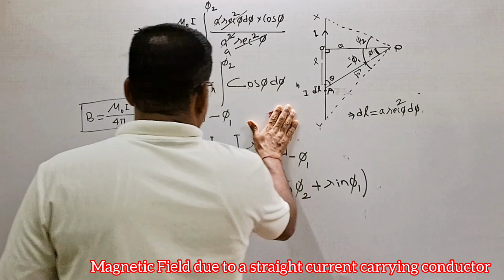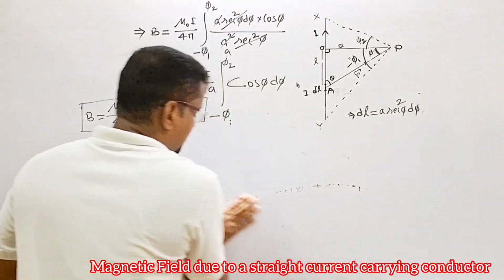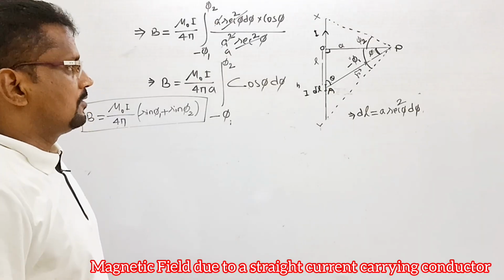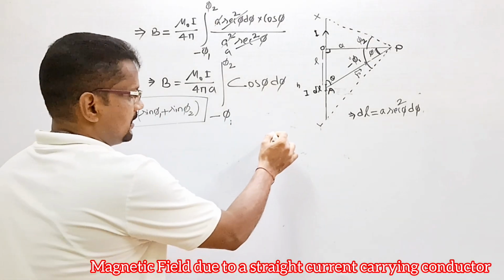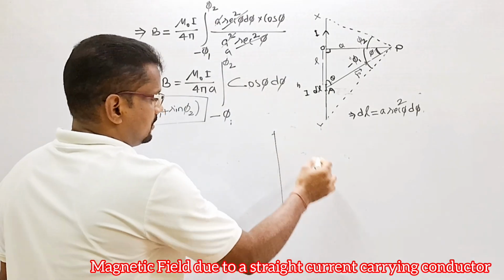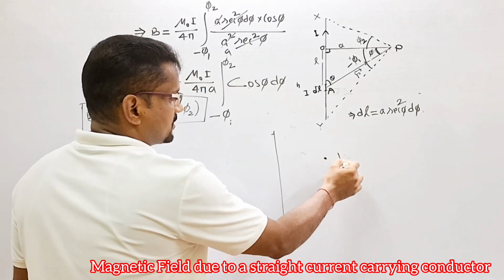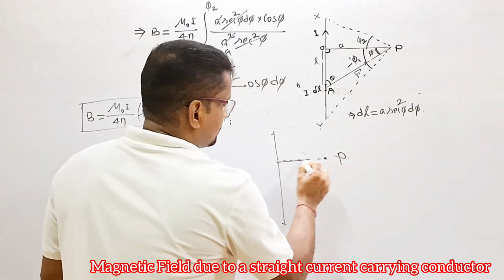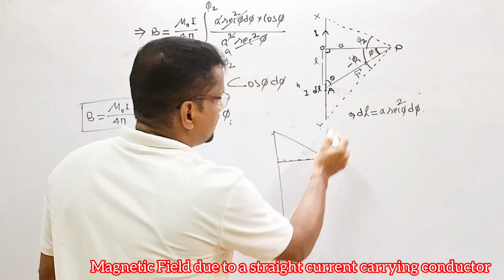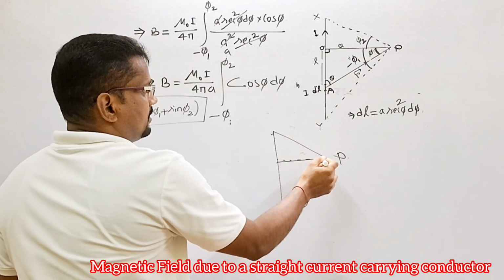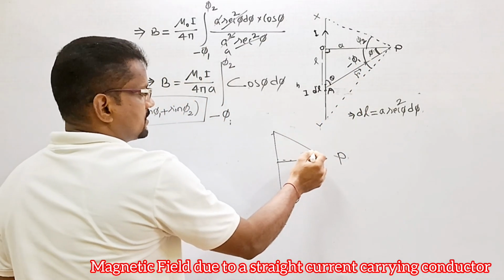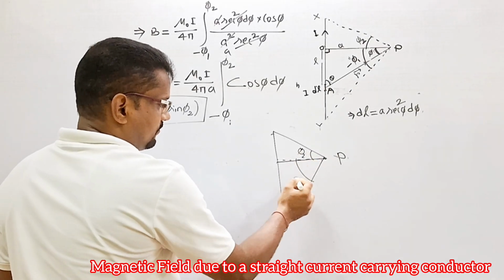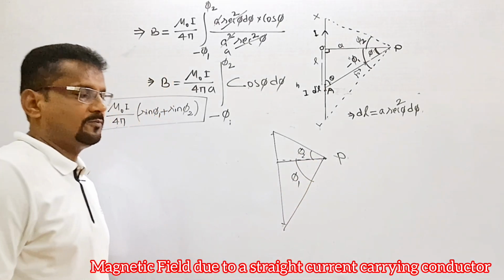If the conductor is infinitely long, you can see from here that this was the conductor, the point was P, and this is the perpendicular distance. This angle we consider as phi 2, and this angle you took as phi 1.